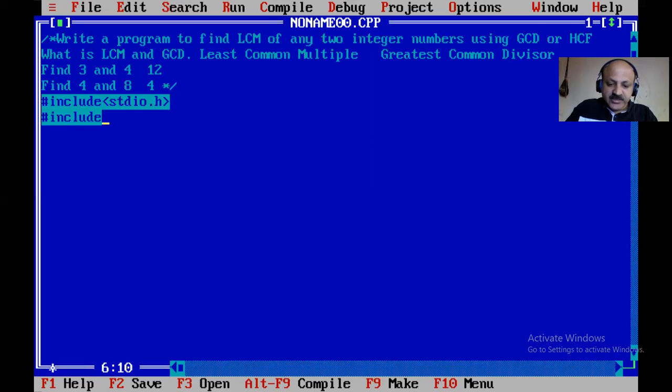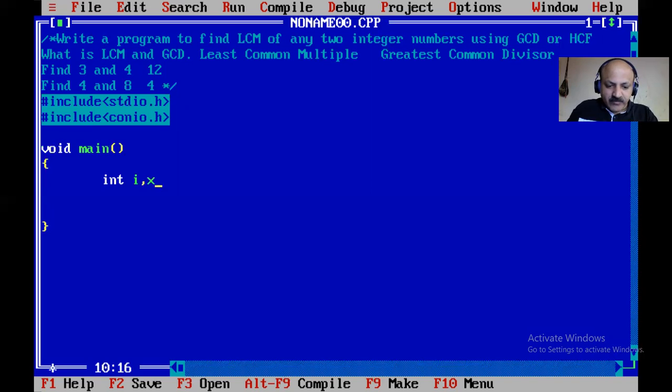Now we start with the header files, stdio.h for standard input output and conio.h for console input output, and void main. We declare four integer variables. In the previous three video lectures I used a while loop, but here we use a for loop. That is a new thing.